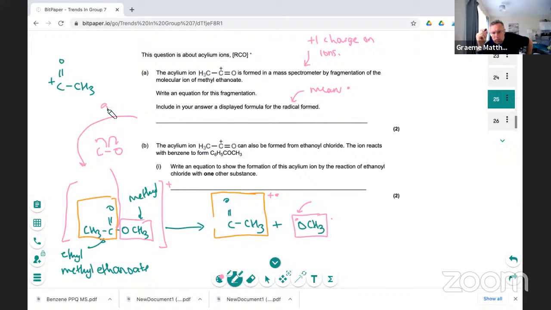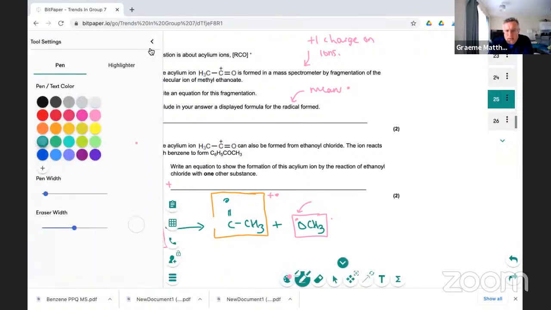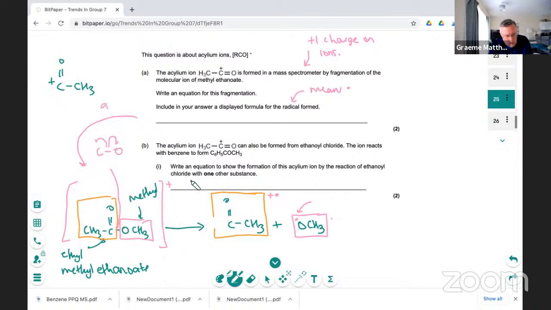All right. Well, we've done this so many times, haven't we? But I'll just put this in. It's a quick review. All right. Well, here's my ethanoyl chloride.